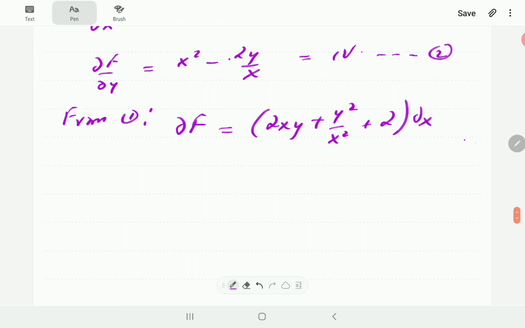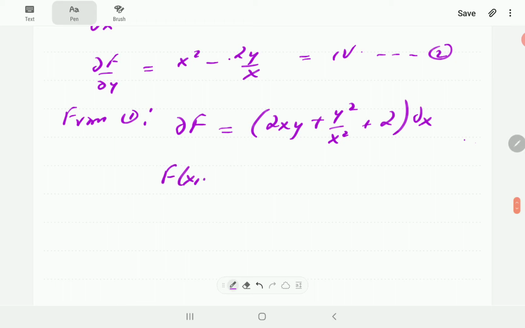Then we can find f from here by integrating partially with respect to x. Okay, so this is the opposite of differentiating partially. So in this case, again, we assume that everything else is a constant. X is just the derivative.